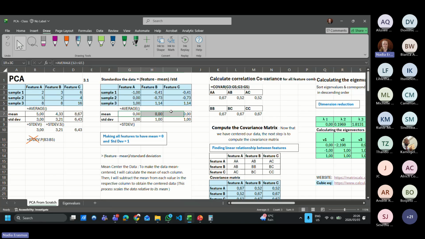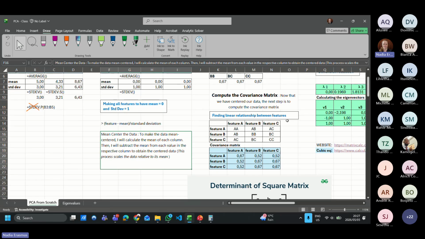Then you will get the means as 0 and the standard deviation as 1. If they aren't zeros and ones, then it's not going to work. For that step one, I have also said it's making all features have the mean 0 and the standard deviation of 1. So you're standardizing your data, scaling your data, centering your data. There are also a few notes along the way that you guys can read extra on. I hope that helps.